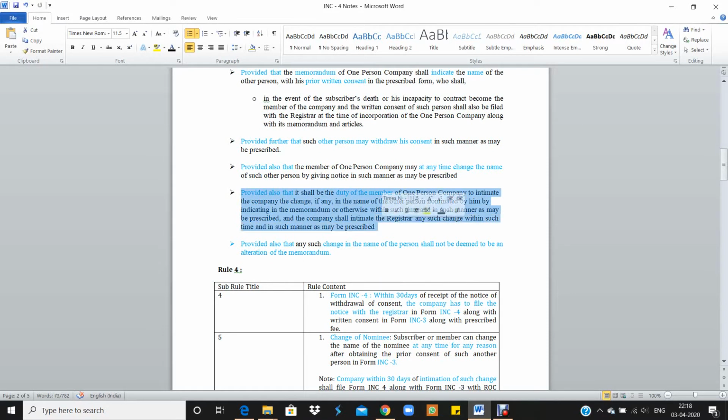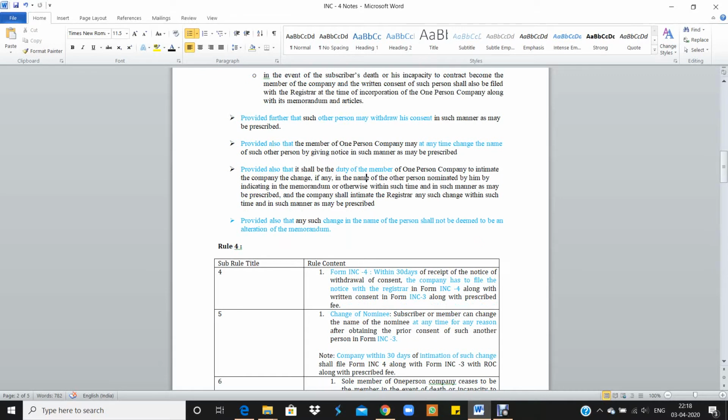So it is a duty of the member. When there is any change in the one person company, he has to intimate the change to the company. Then the company has to intimate the change to the registrar.